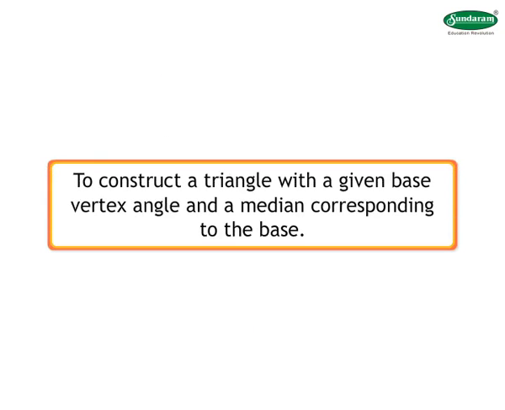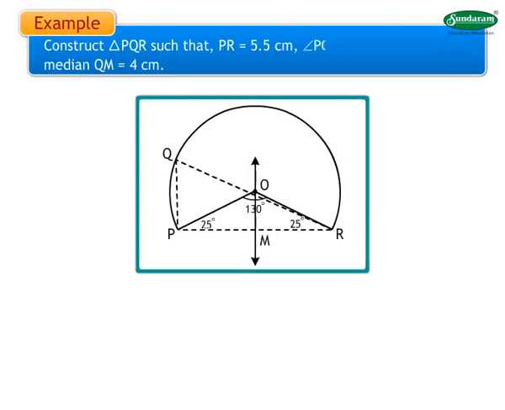Now let's see how to construct a triangle with a given base, vertex angle and a median corresponding to the base. Let's look at an example. Construct triangle PQR such that PR is equal to 5.5 centimeters, angle PQR is equal to 65 degrees and length of median QM is equal to 4 centimeters.